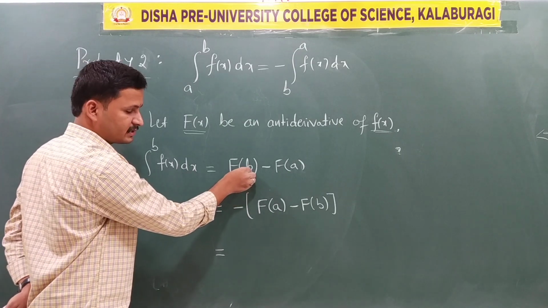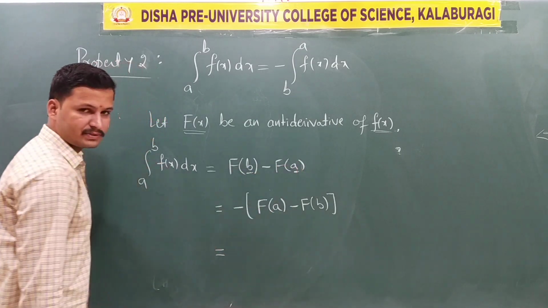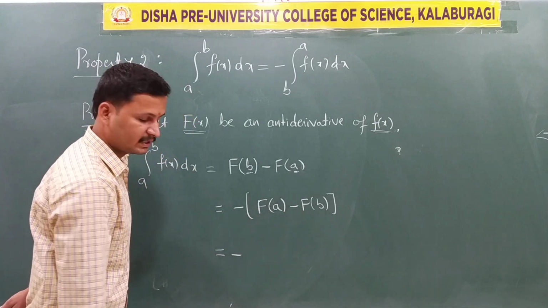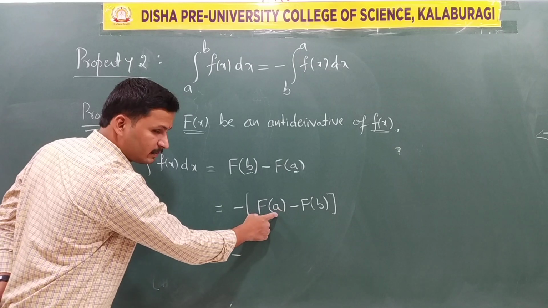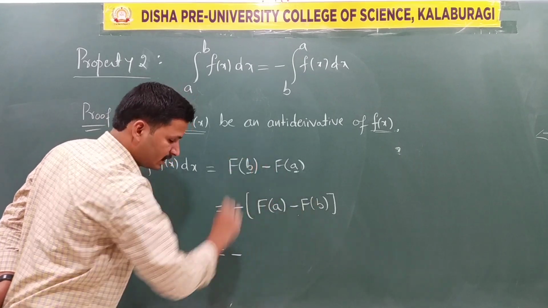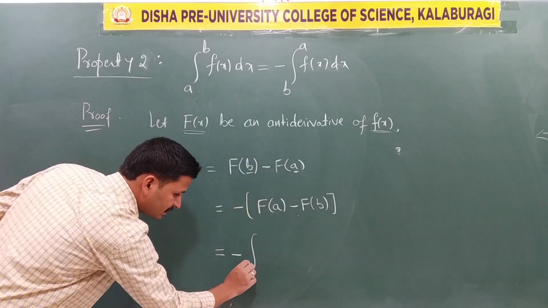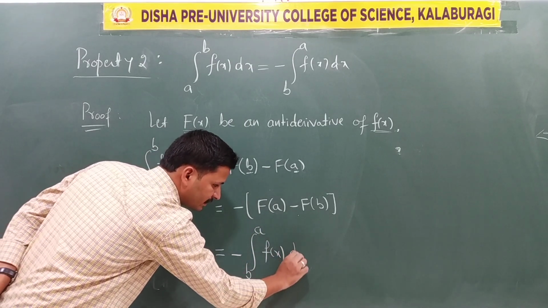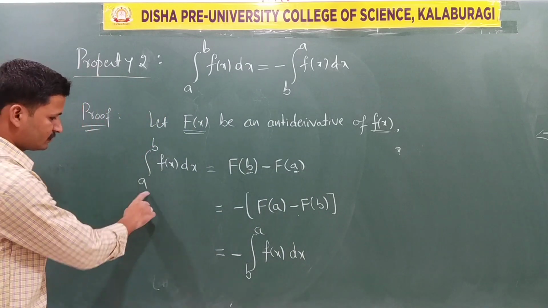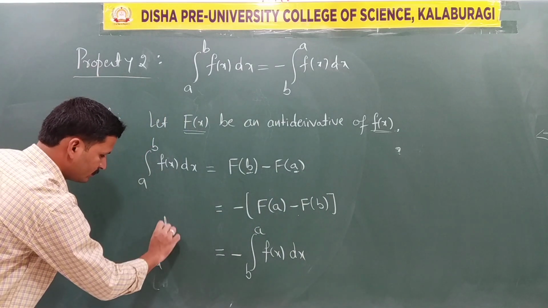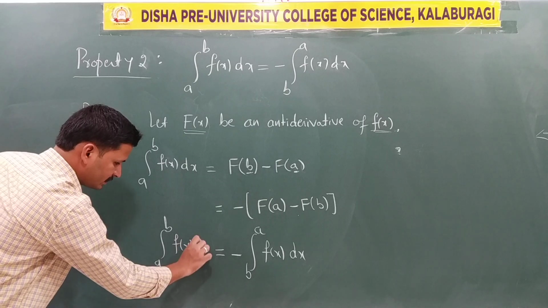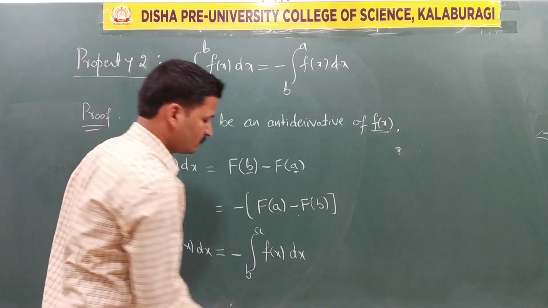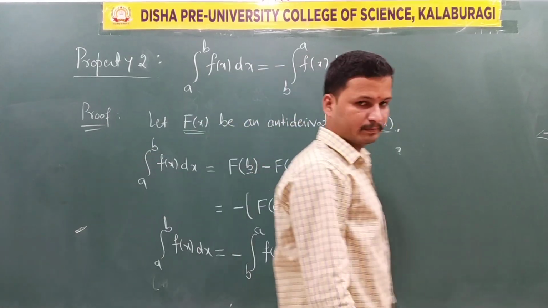Similarly, minus of F of a minus F of b can be written with upper limit a and lower limit b, so this is nothing but integration from b to a f of x into dx. So integration from a to b f of x into dx equals minus of integration from b to a f of x into dx. So this is the proof.